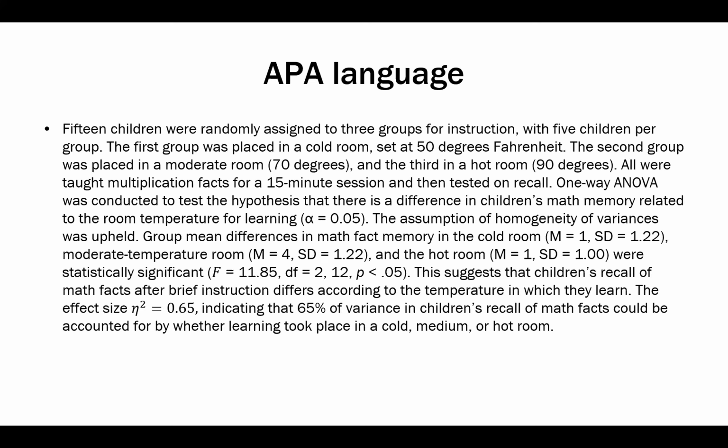This suggests that children's recall of math facts after brief instruction differs according to the temperature in which they learn. The effect size eta squared was 0.65, indicating 65% of variance in children's recall of math facts could be accounted for by whether learning took place in a cold, medium, or hot room. And that's it for the omnibus test of the one-way ANOVA.